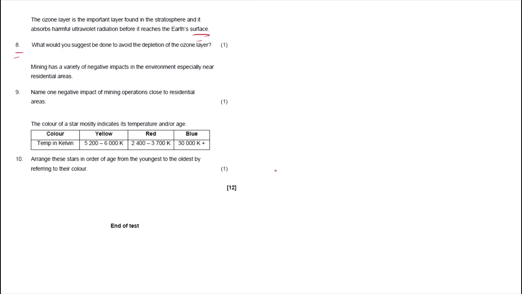Now, question 8 says, what would you suggest be done to avoid the depletion of the ozone layer? We would suggest to reduce harmful gas emissions.